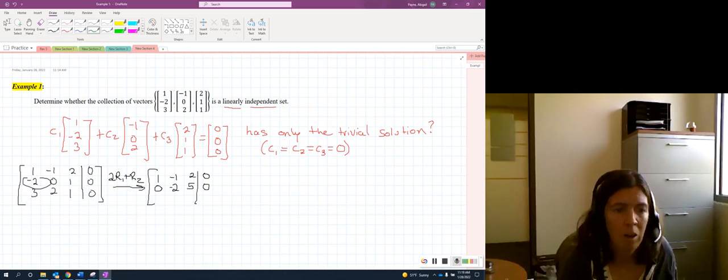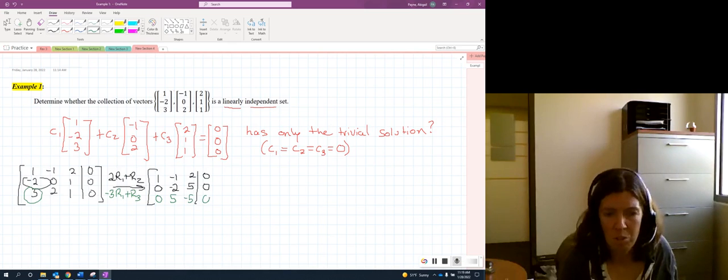All right, I want to also go ahead and get a 0 in this position here. So to do that, we could do negative 3 row 1 plus row 3, because that will give me negative 3 plus 3. And then negative 3 times this will be positive 3 plus 2. Negative 3 times this would be negative 6 plus 1.